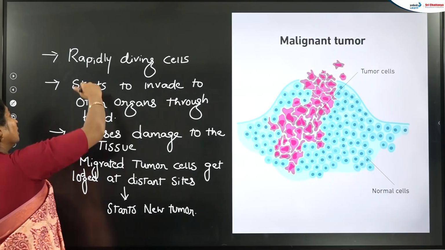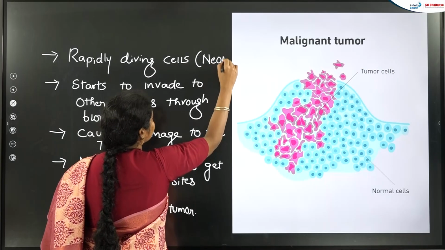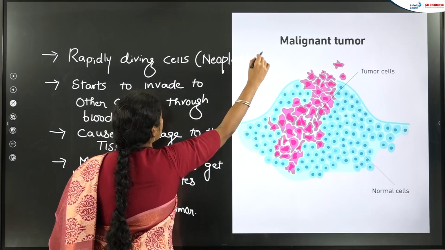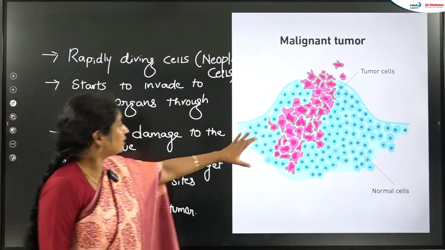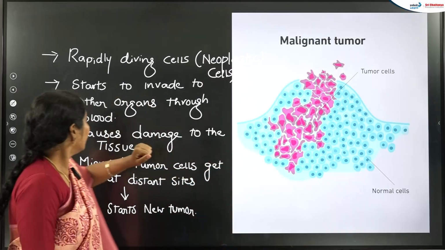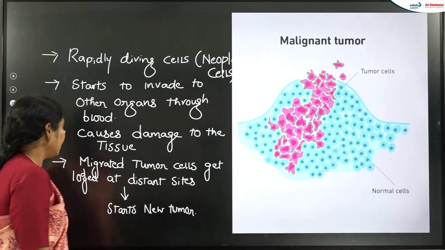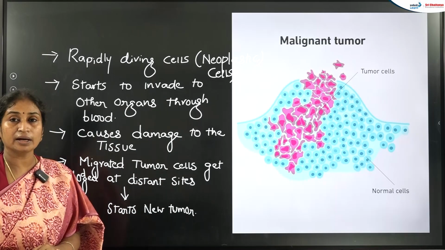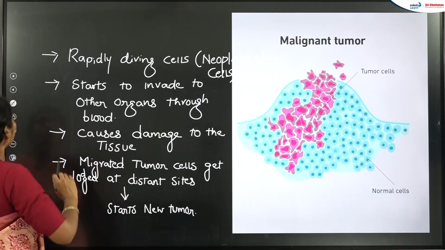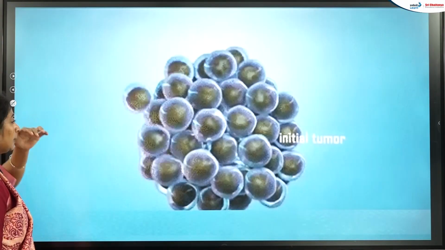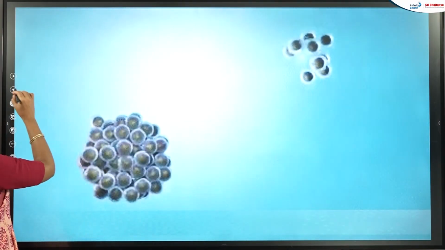Malignant tumors are rapidly dividing cells, known as neoplastic cells, which invade other organs through the blood and cause damage. These cells migrate to other portions of the body and develop into a new tumor. This property is known as metastasis.